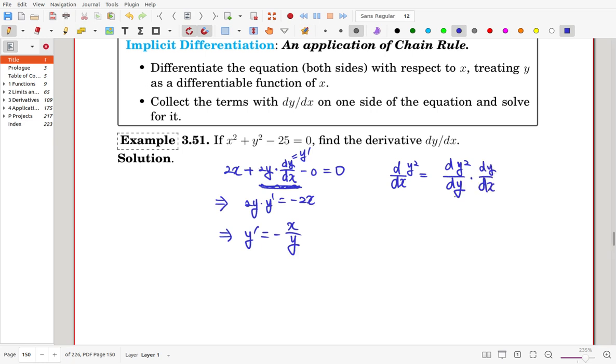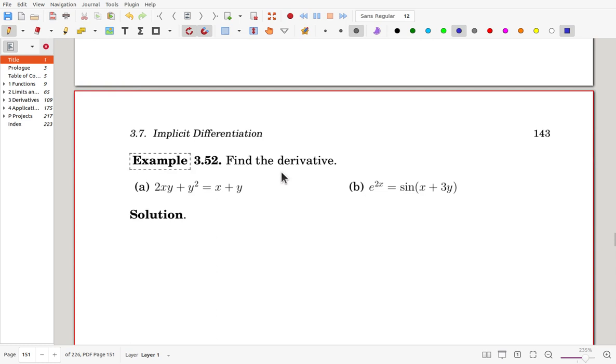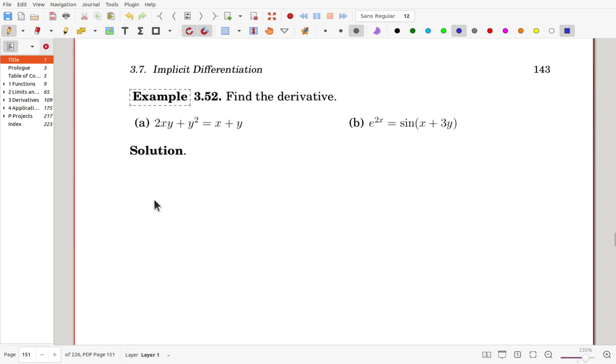Rather than u, we are using y. The only difference is that rather than the u variable, we are using the y variable. So the first part is 2y, and the second part is y prime. So that is exactly this one. Okay. Now we'll go to some other examples.